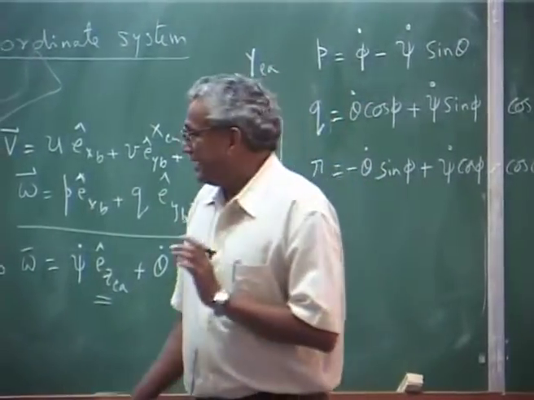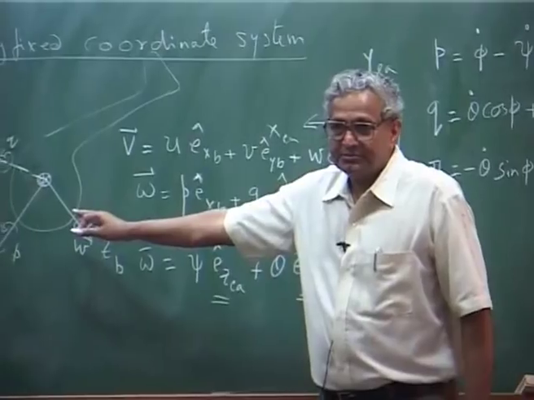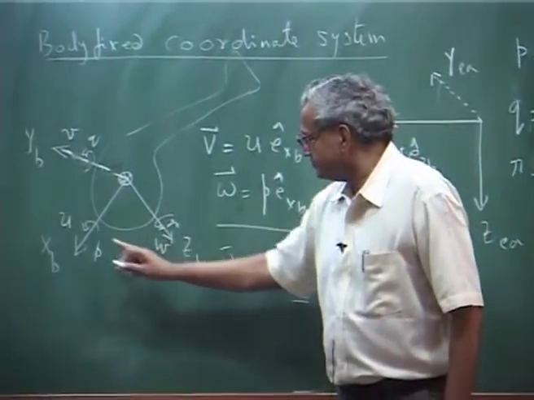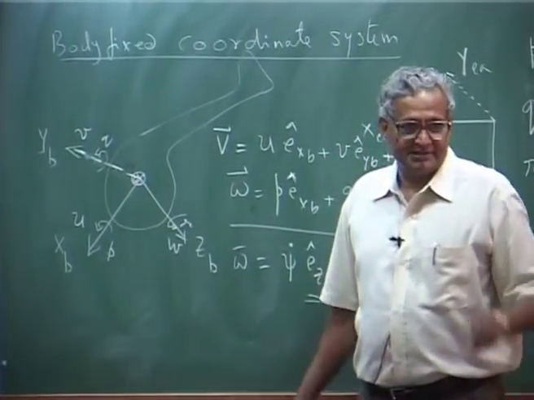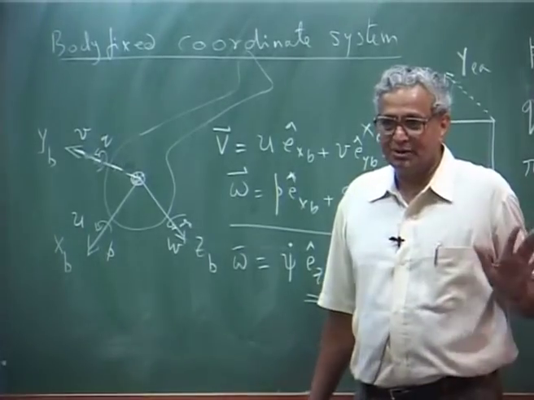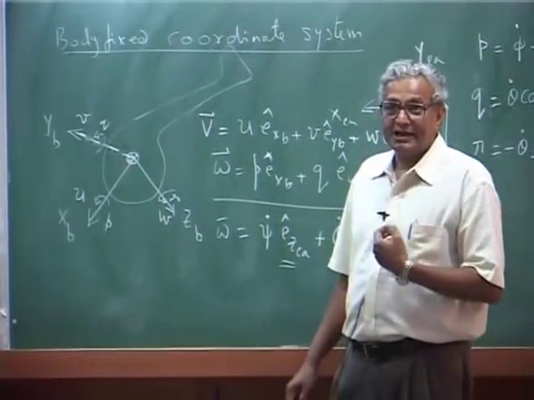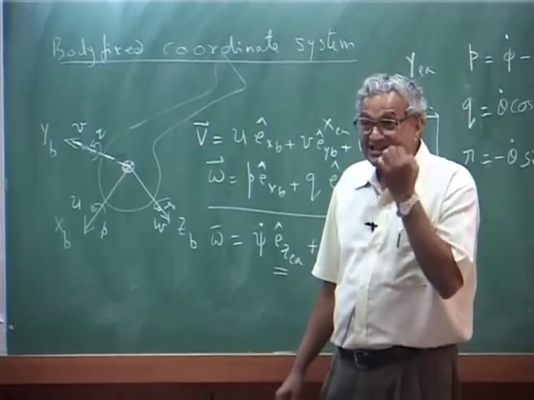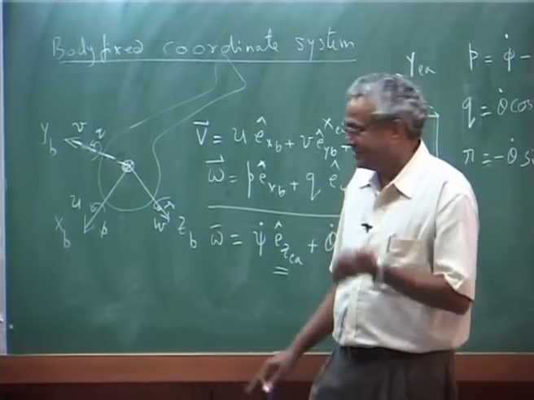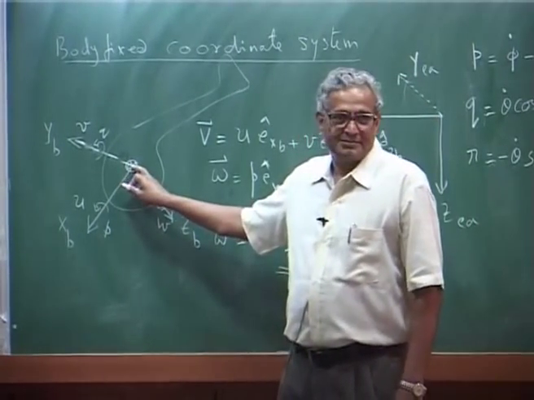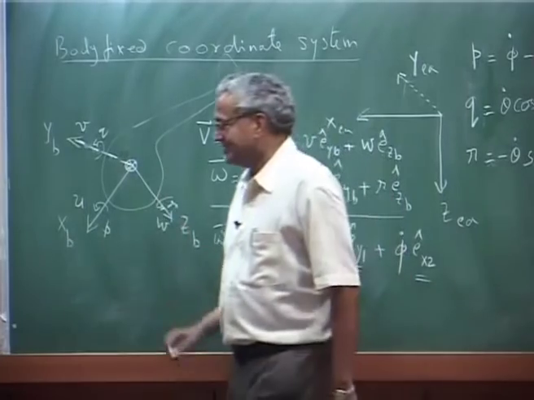Now the question is, I have the velocity and the angular velocity, translational and angular, all. Now I can go and calculate my acceleration of the center of mass. Okay.